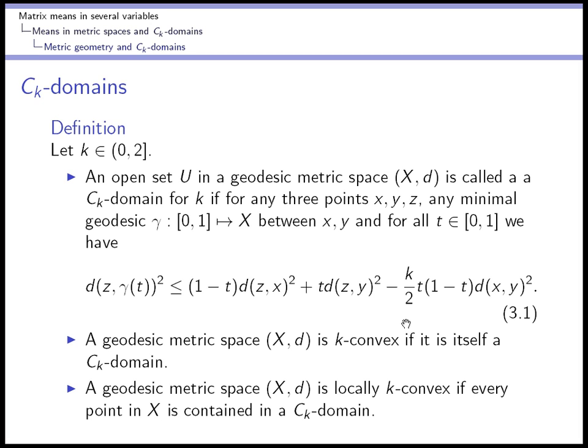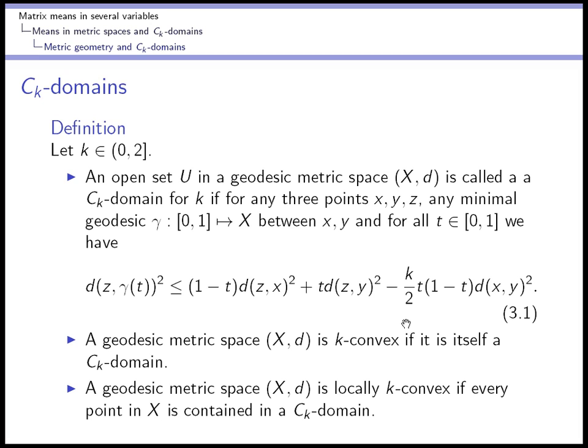Actually, if k equals 2, then this is just non-positive curvature in the sense of Alexandrov for a metric space. This means that if our metric space is a Riemannian space, then it is automatically non-positively curved everywhere if the space fulfills the inequality globally for any x, y, and z. But if we let this k be smaller than 2 but larger than 0, this means that we let the space have a bit of positive curvature.